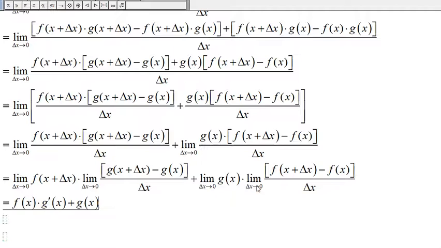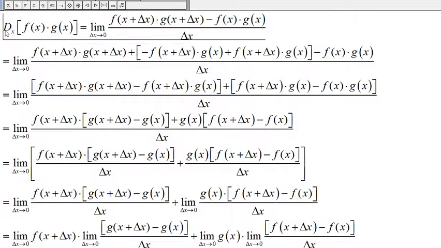And then this is the limit of f of x plus delta x minus f of x divided by delta x as delta x approaches 0. And by definition, this is the derivative of f of x. So this is f prime of x.